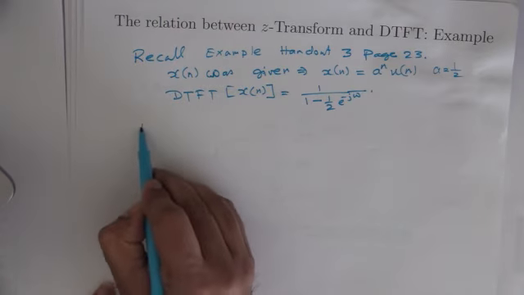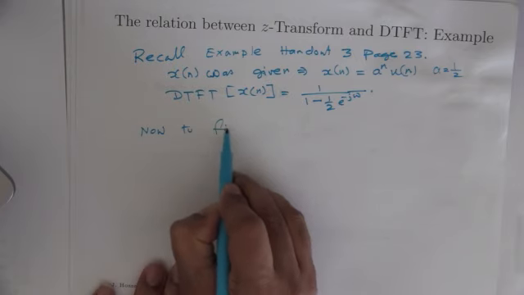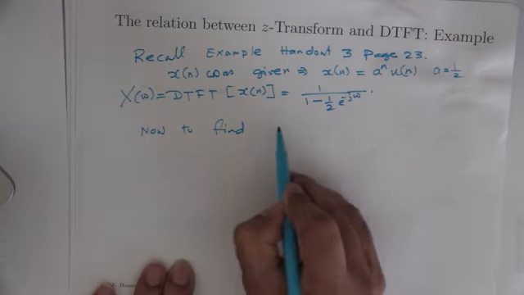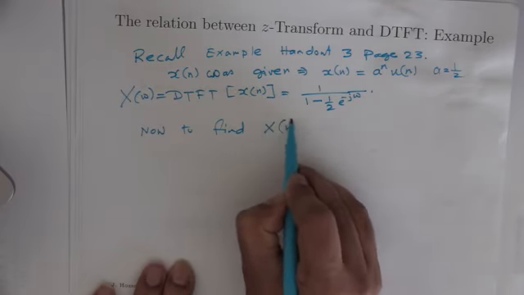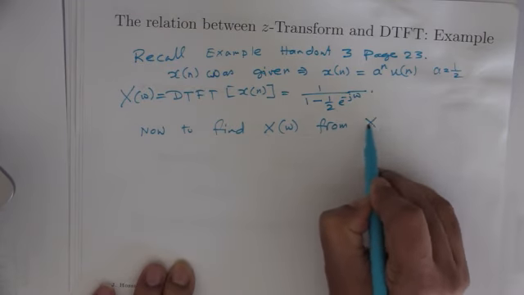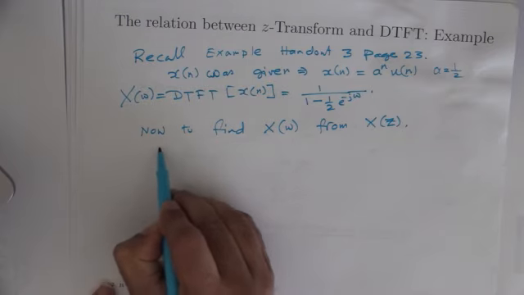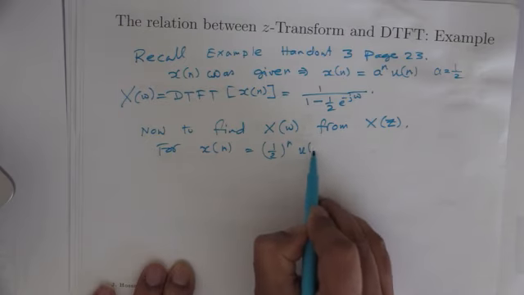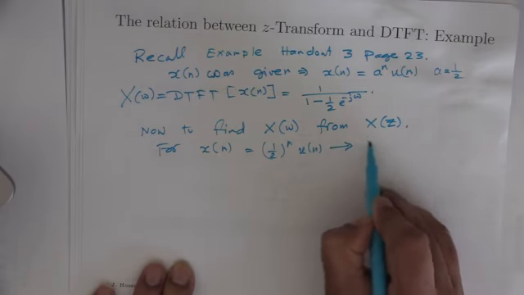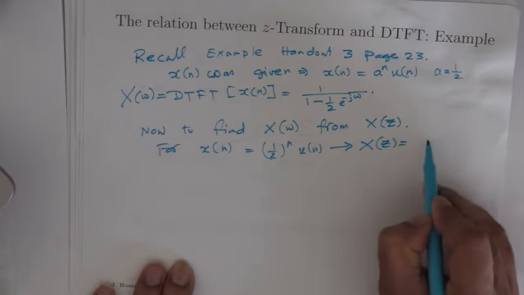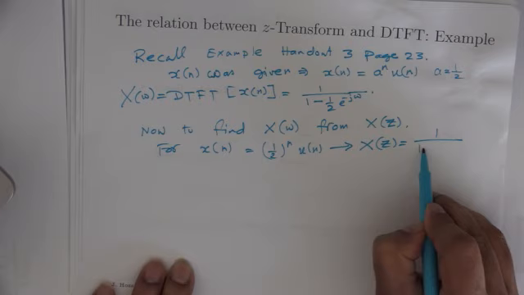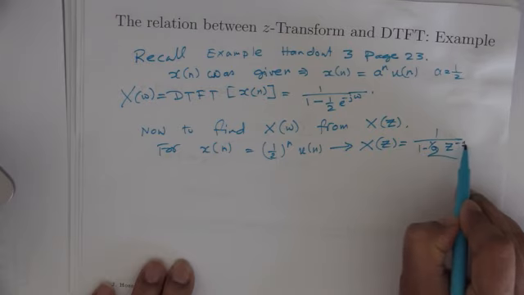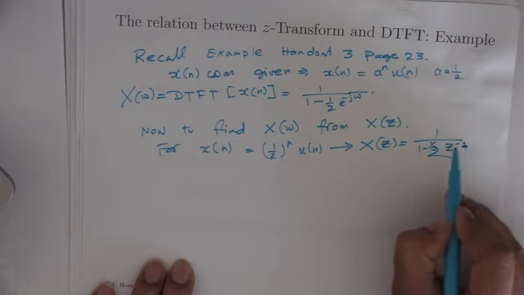So now, to find X(omega) from X(z), for x[n] equals (1/2)^n u[n], X(z) is 1 over 1 minus 1/2 z to the power minus 1, and we have a region of convergence outside of a circle of radius 1/2.